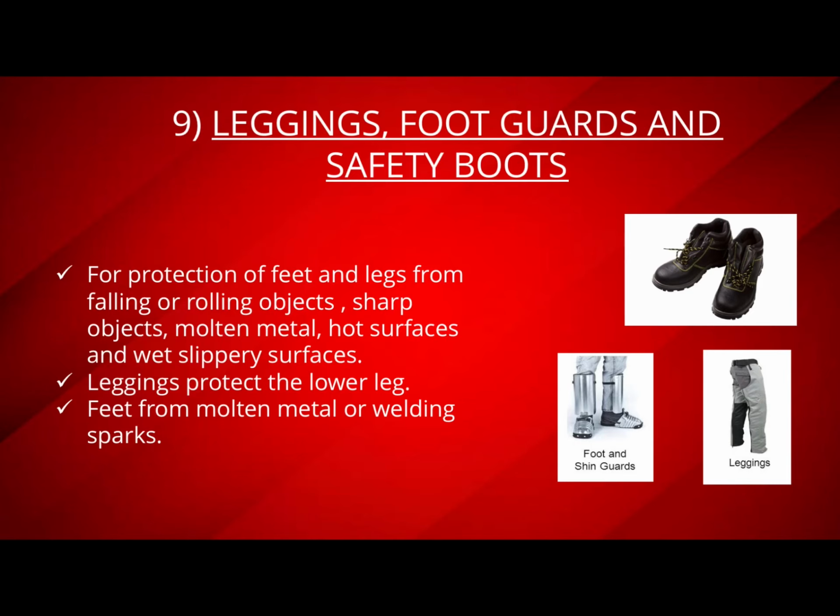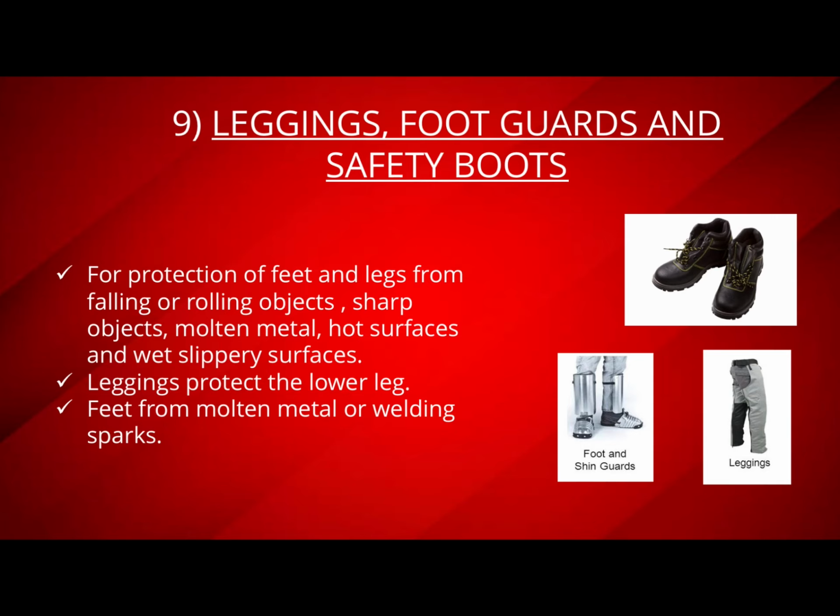Number 9 is leggings, foot guards, and safety boots. It is for protection of feet and legs from falling or rolling objects, sharp objects, molten metal, hot surfaces, and wet, slippery surfaces. The leggings protect the lower leg.